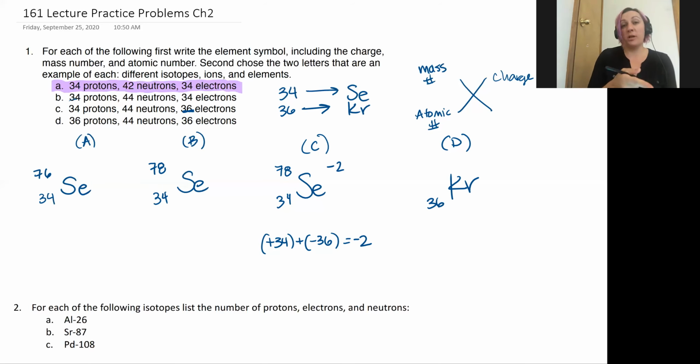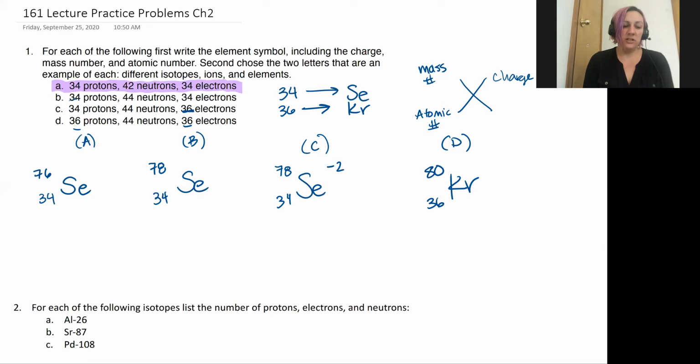So I've got 44 neutrons again. So 44 plus 36 is going to give me 80. And comparing my electrons and protons, this time they are the same, so I'll have a neutral atom, so it won't have a charge. So here are my isotope symbols for all A through D.